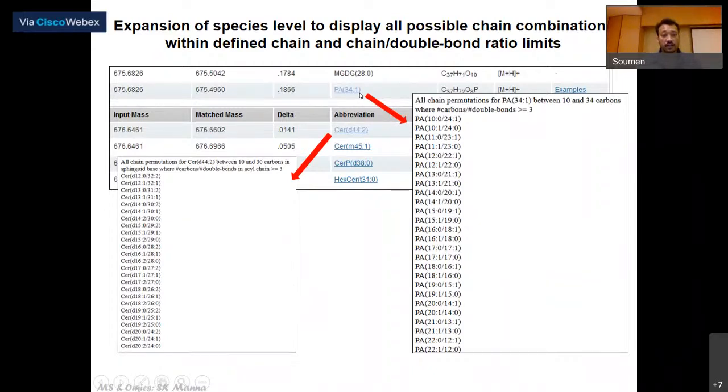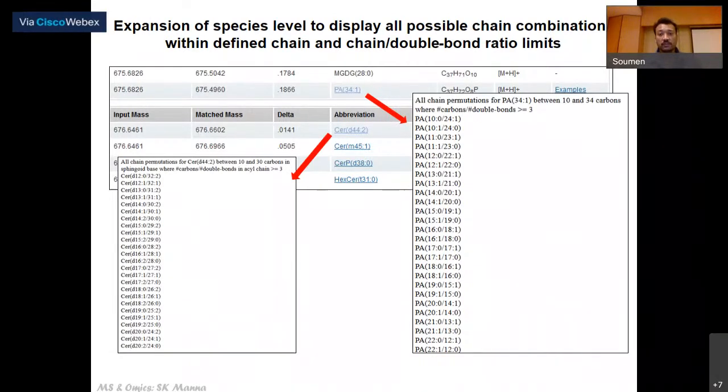There are nomenclatures that we will not get into, how you exactly name the position of the carbon-carbon double bond as well.